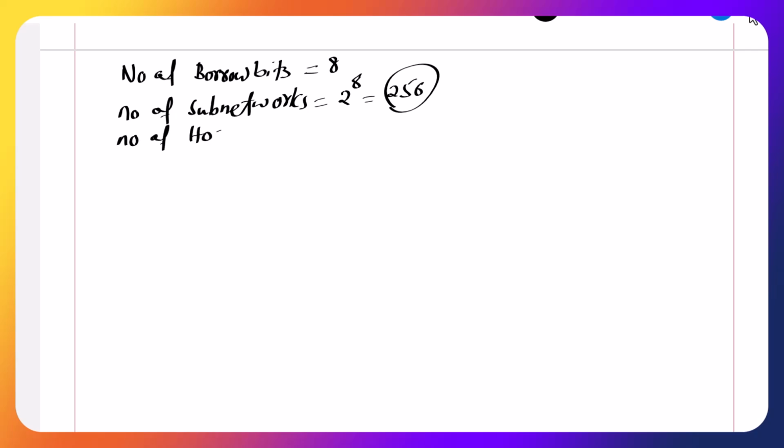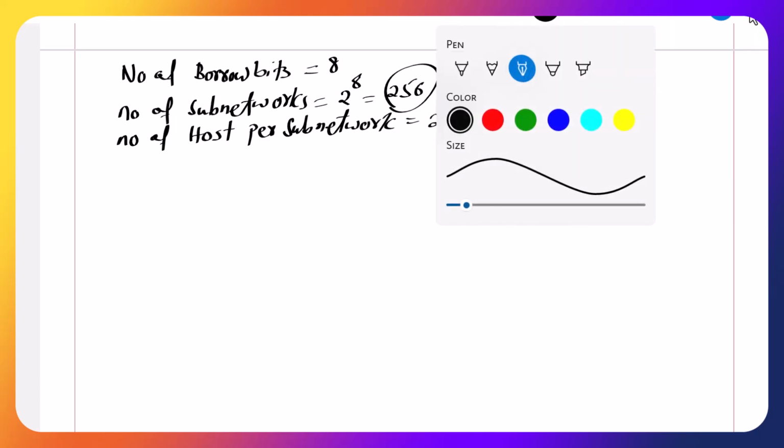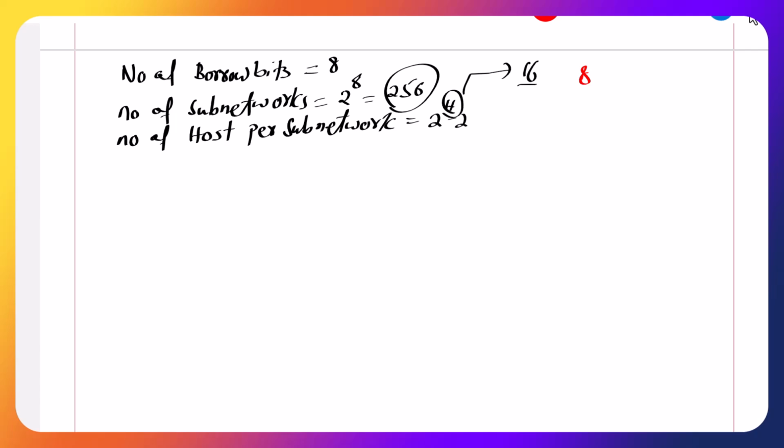Number of hosts per subnetwork is 2 power h minus 2. What is the h value? H value is 16. How is it 16? Because the 8 bits were the default, 8 bits are borrowed, so that is 16. Total bits is 32, minus 16 is equal to 16.